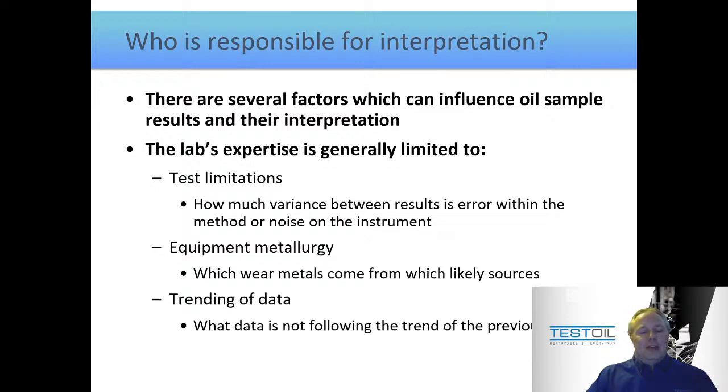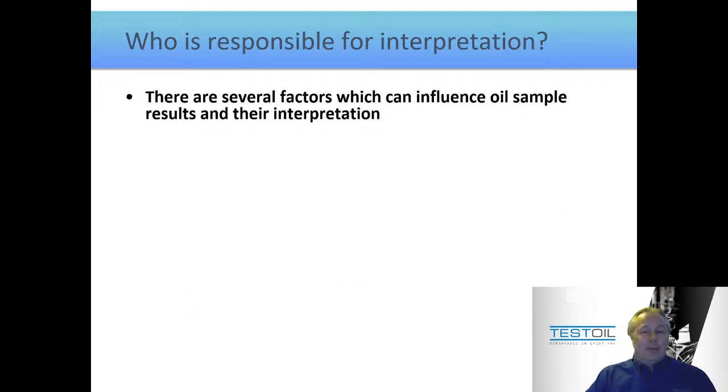And so with these trends, they can identify the abnormalities, the anomalies, and help identify things you should pay more attention to. On the other hand, one of the other people who can do a good report interpretation is not the lab, but rather the end user. So what does the end user bring to the table? Well, they generally bring everything that the lab can bring, but they have a few other things up their sleeve.